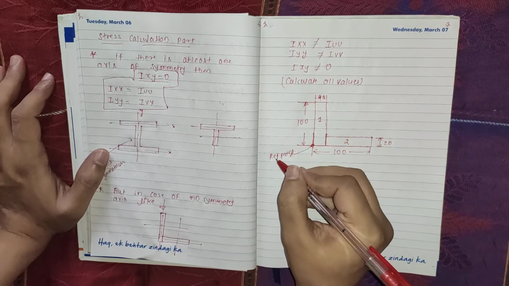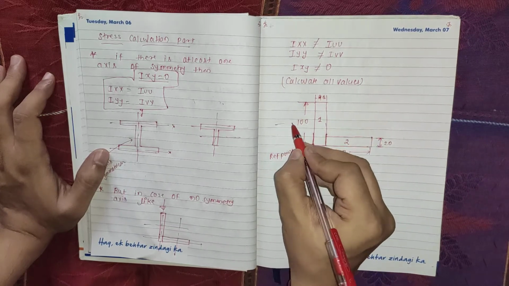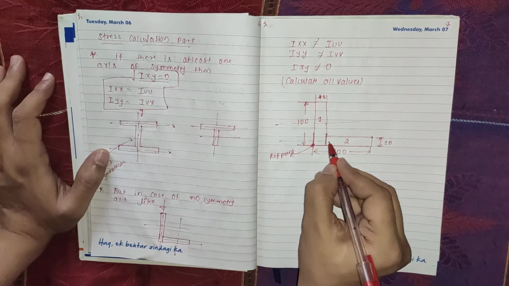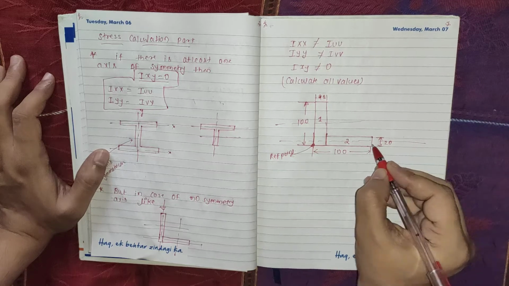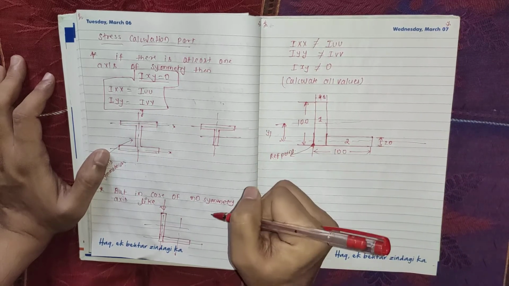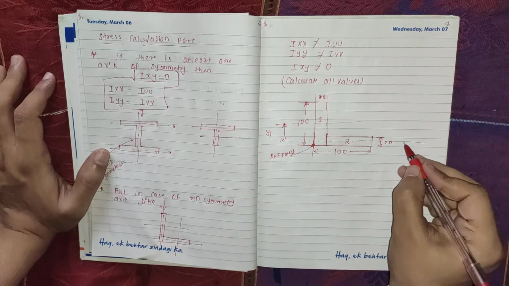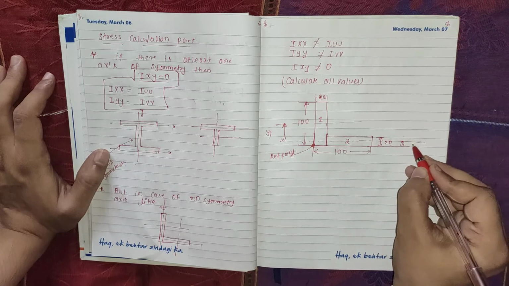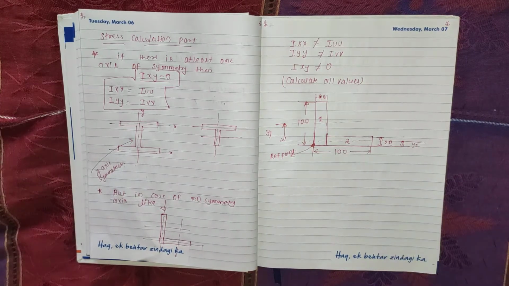What is the value of y1? This is the CG of this section, and this is the CG of this section. This value from the reference point to the CG becomes y1, and this value becomes y2. Is it clear?